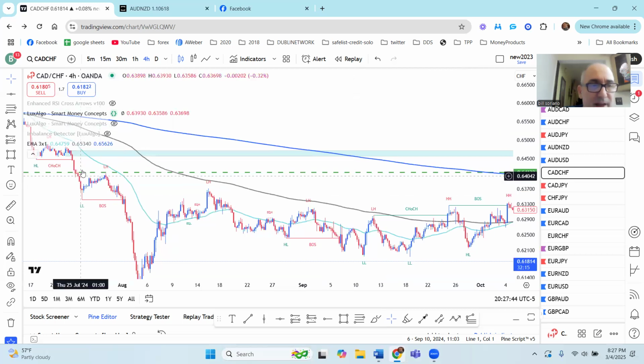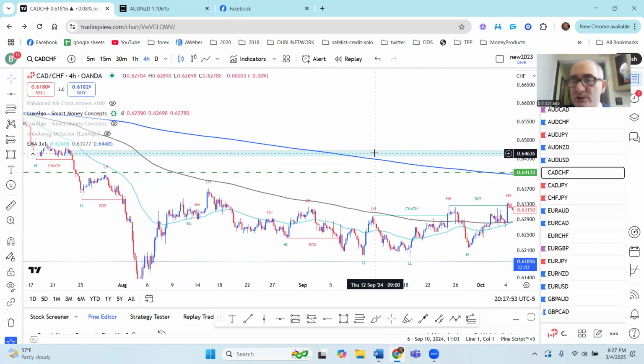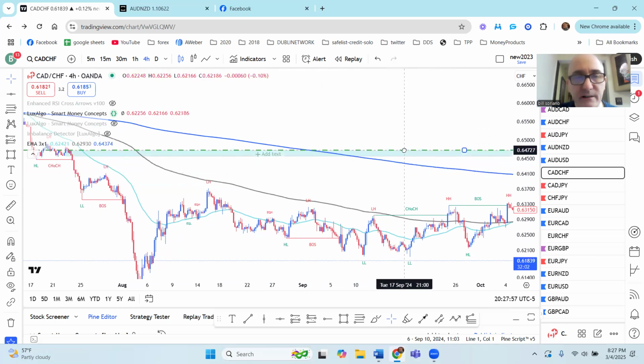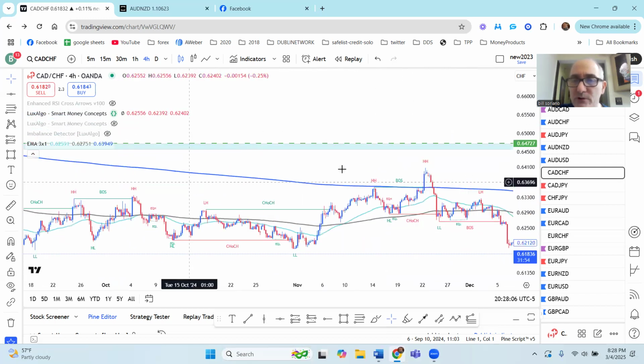Because you have this imbalance and this valid 4-hour supply zone right above your change of character line, this would not be a valid change of character once price breaks that area, right? It would actually have to break and go through that valid 4-hour supply zone to get a change of character, okay? So that's important to realize.